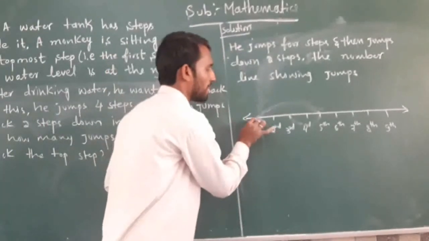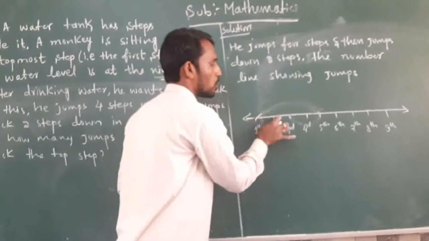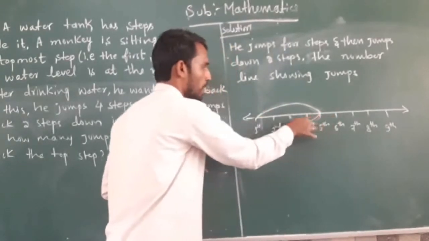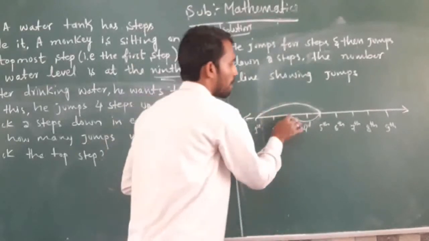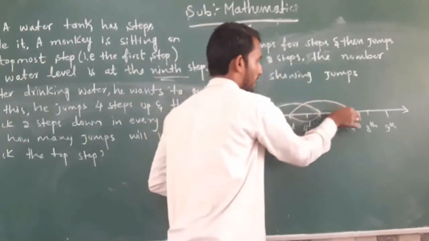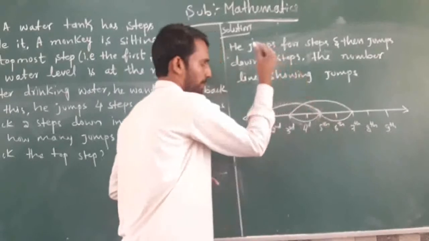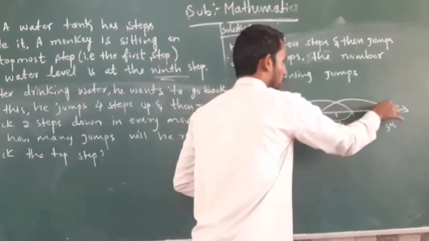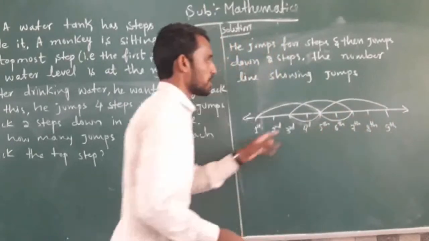See here, that monkey jumping 1, 2, 3, 4 steps upside, again jumping 2 steps backside. Okay, again jumping 4 steps upside, again jumping backside. Again jumping 4th. Okay, how many jumps total here?